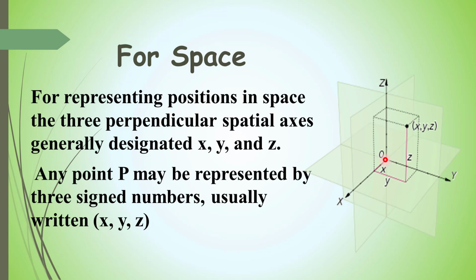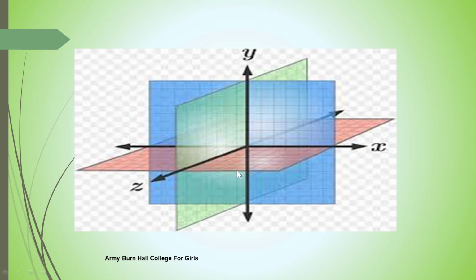So the corner of the room can be considered as the origin. The height of the room can be along the z-axis, and all those bottom lines which are present on the floor can be the x and y axes. With the help of that, you can understand the three-dimensional system. So you can see here the x, y and z planes, all three planes are mutually perpendicular to each other.